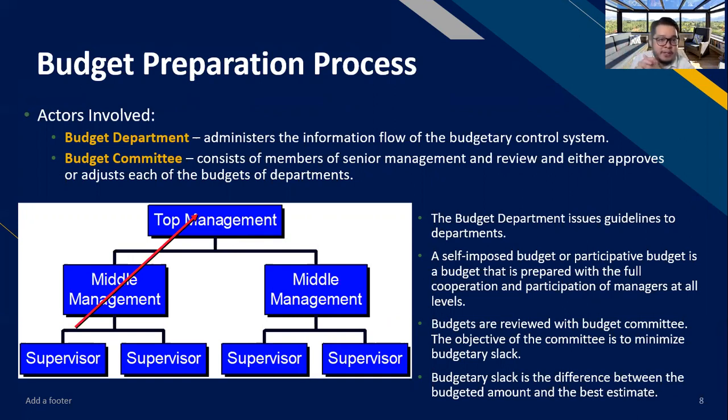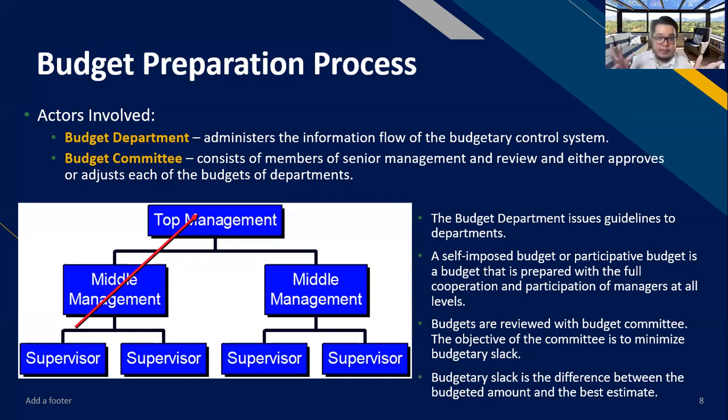So this budget department will administer the flow of information for the whole budgetary control system. So when we say budgetary control system, how information flows from budget proposal to budget approval to final approval. And once you get final board approval, how it is cascaded downwards to departments and to individuals. Okay?